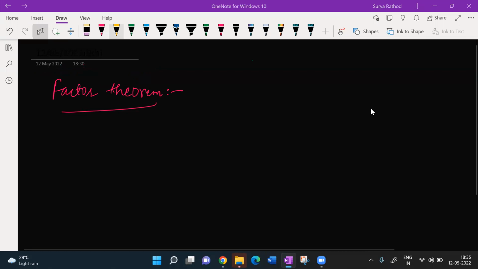So factor theorem, what does the factor theorem say?